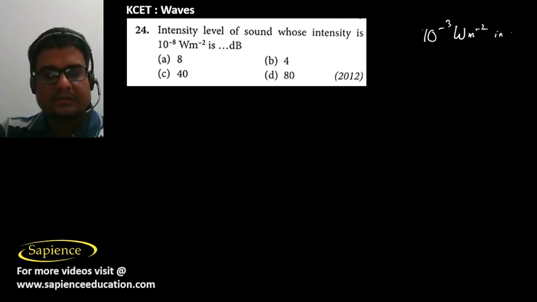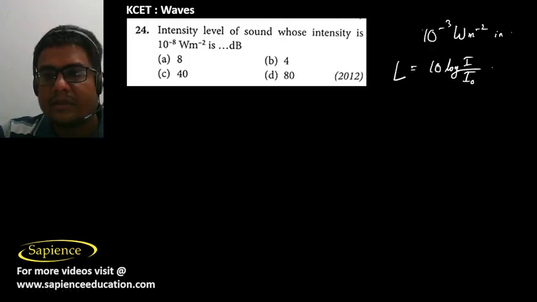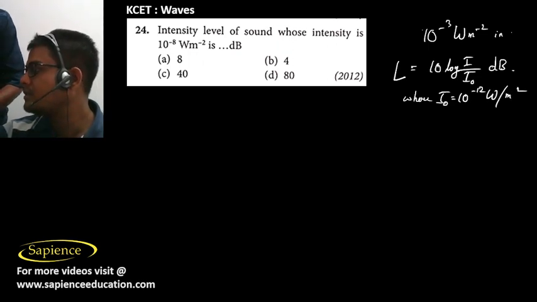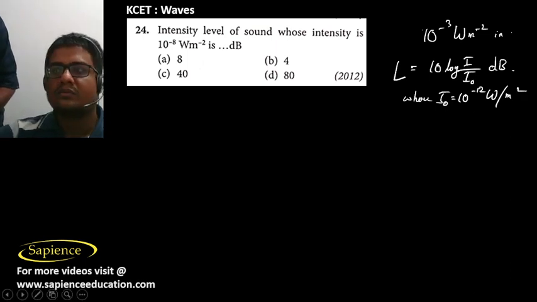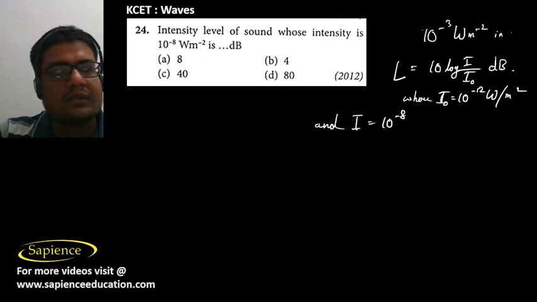So we know that the loudness of a sound is given as 10 log base 10 of I by I naught in decibels, where I naught is given as 10 power minus 12 watt per meter square, and here I is given as 10 power minus 8 watt per meter square. So we have to find the loudness in decibels.